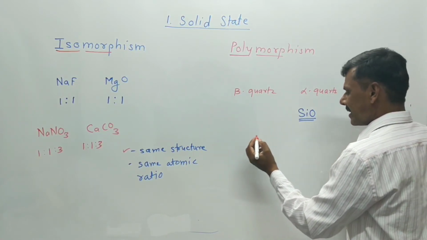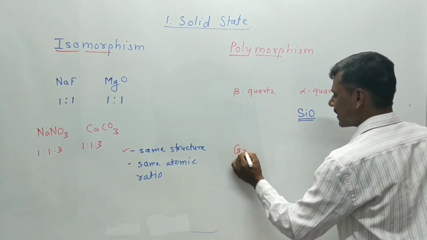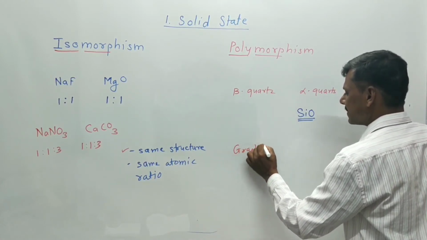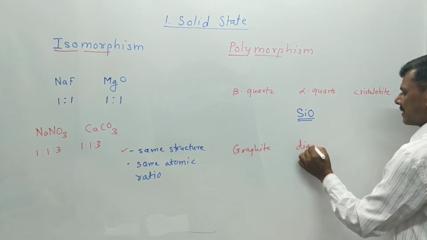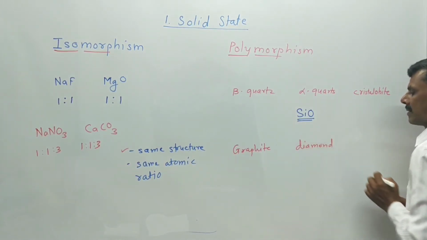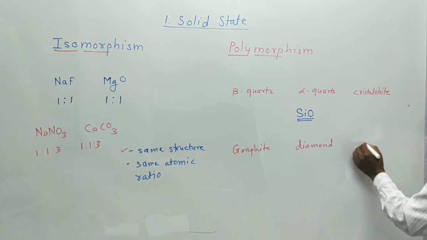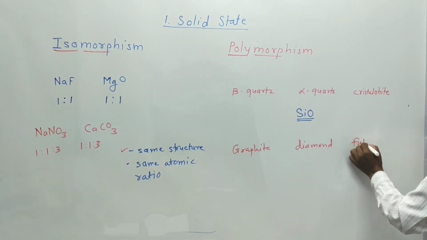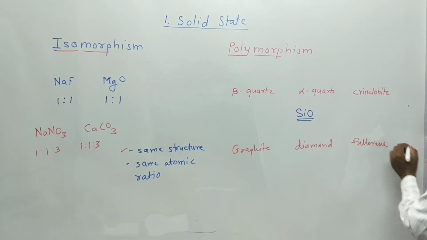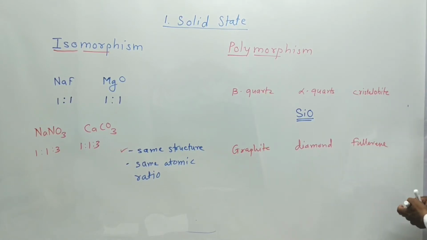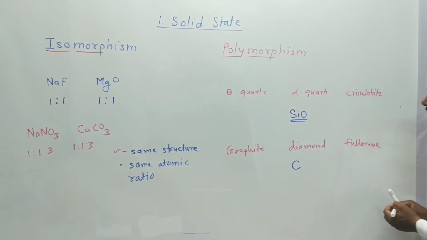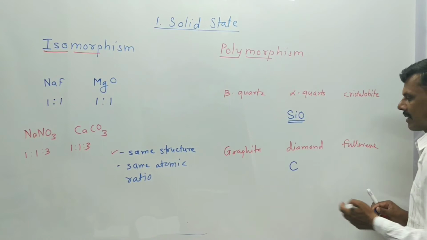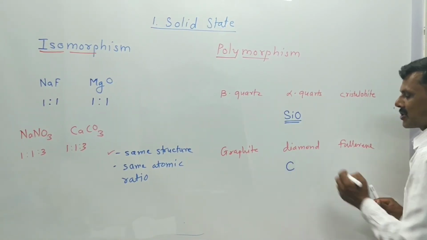Then let us consider an example of graphite, diamond, then fullerene. These are various forms of carbon. Carbon has the constituent particle.